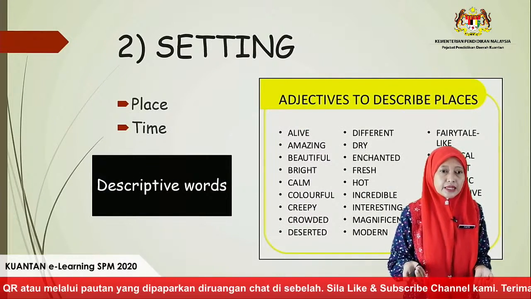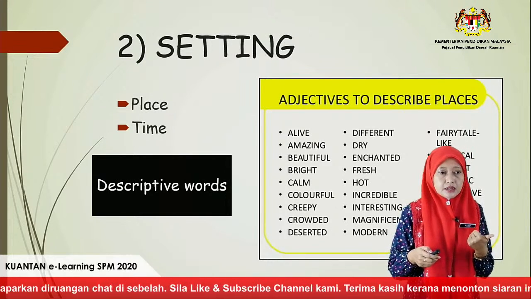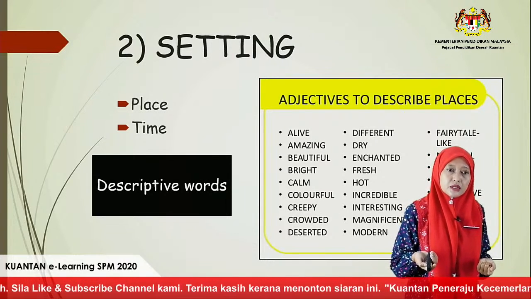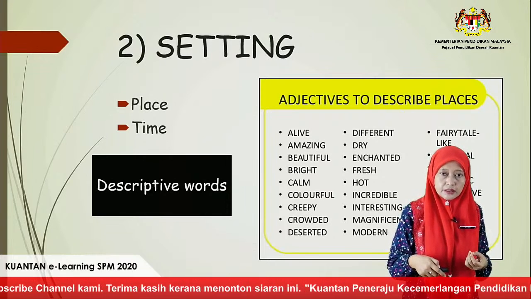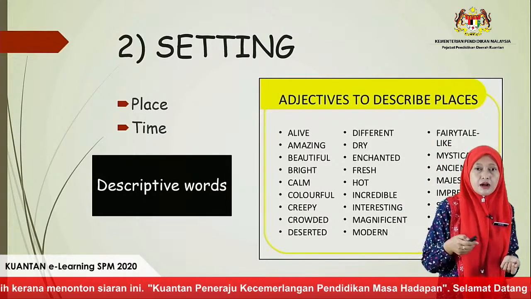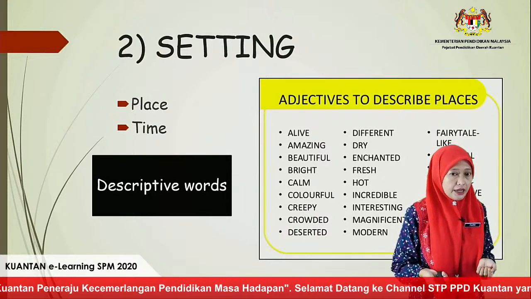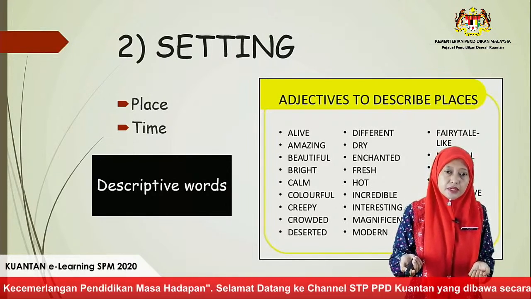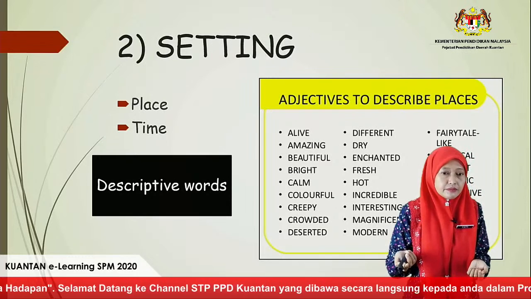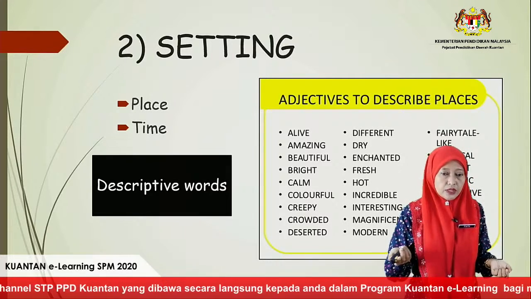Next, you should have setting. Setting here can be place or time, and you can use descriptive words to describe your setting. I have here some examples of adjectives to describe places. You can have alive, amazing, beautiful and bright. You can have calm, maybe to use for scenery around a beach.